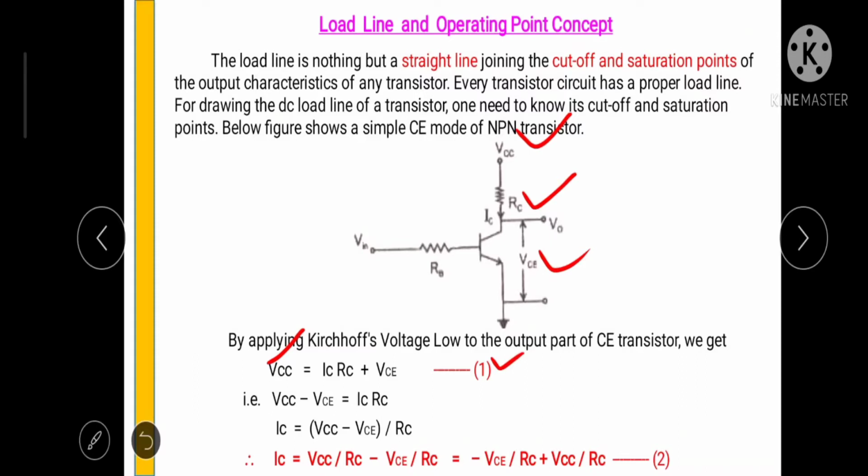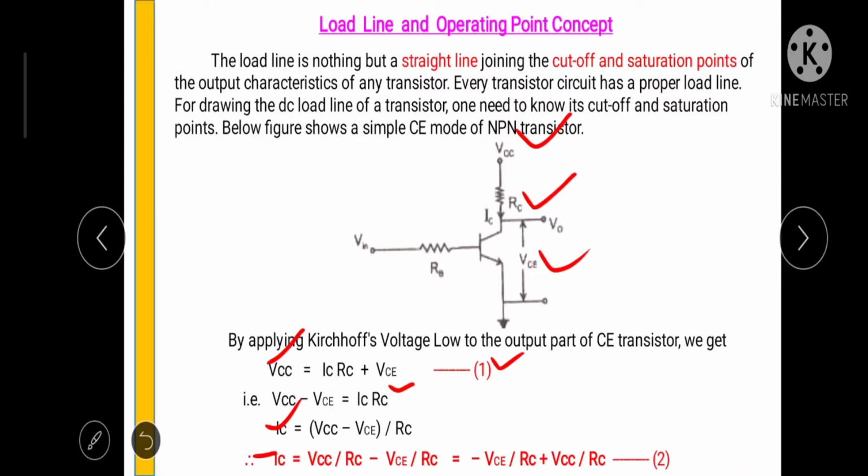Now the same equation can be written in another form as VCC minus VCE equals ICRC. We are interested in finding the equation for collector current IC. So IC equals VCC minus VCE upon RC, and the same equation can be written as IC equals VCC upon RC minus VCE upon RC.